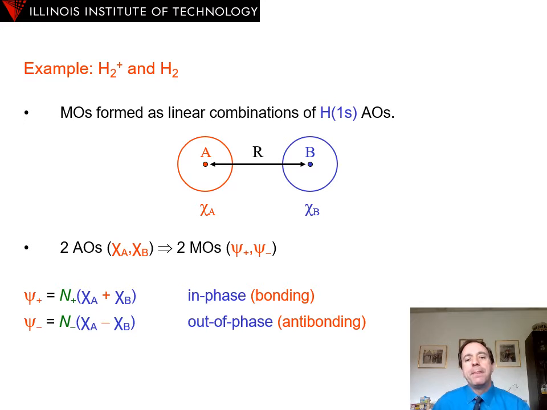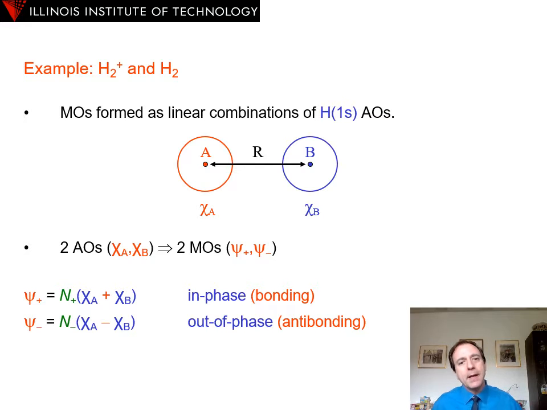On the left side of the screen, we have hydrogen A with its wave function chi sub A, which is just its 1s orbital. And on the right side, we have hydrogen B with chi sub B. So that's two atomic orbitals. We're going to bring them together, and we're going to have to make two molecular orbitals.